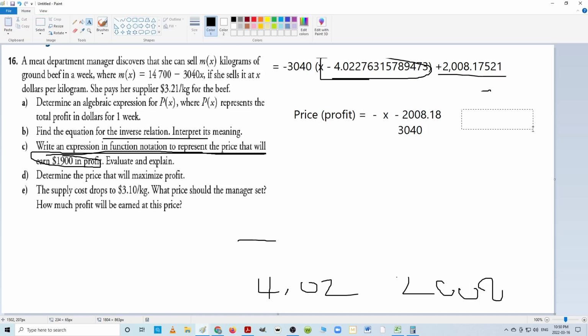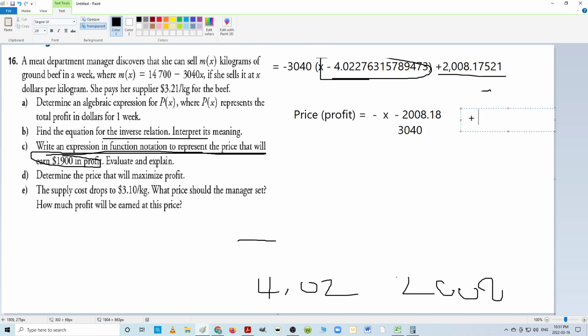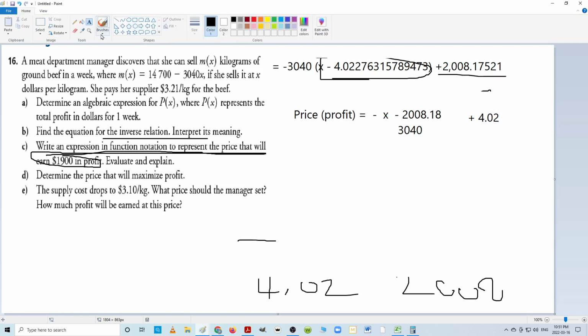And then outside is going to be plus 402 because we're dealing with pennies. And this whole thing is going to be square rooted like that. And since it's going to be a sideways thing like that or like that, we would put a plus minus in front. And keep in mind it's a fraction like that. And the minus is in front of the whole bracket like that. There. And that's the inverse.